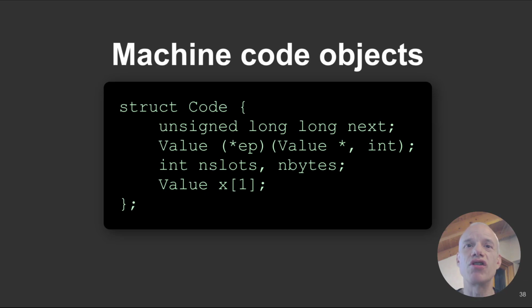The slots are normally used for the constants used in the compiled code, and also for the pointer to the source code in case of compiled code, because when you get an error, you also get the source code where the error happened. And bytes instead contains the actual machine code in case of a compiled function.